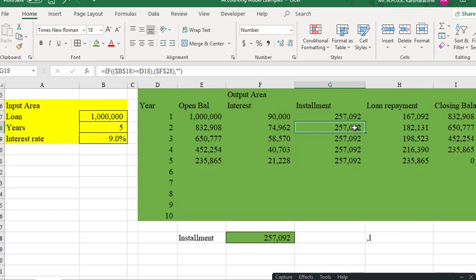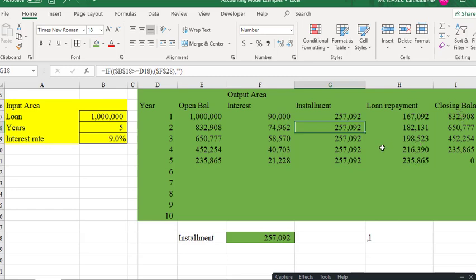When you pay a fixed installment, the principal amount is reduced, so the interest is reduced, and what you contribute to repay the loan increases. You can see this interest column continuously reduced, and this loan repayment column continuously increased accordingly.